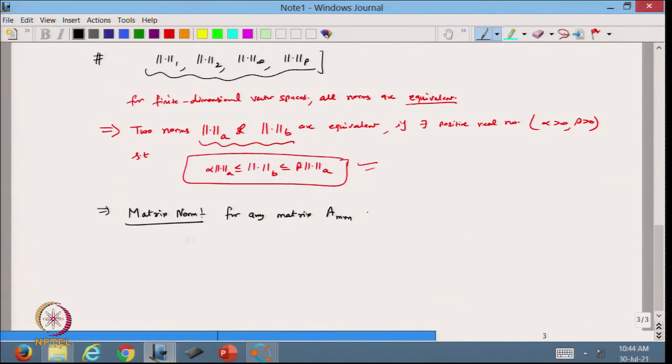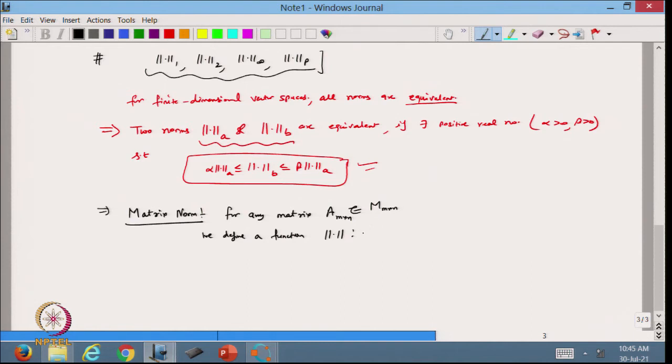So for any matrix A, we define the norm. We define a function from the space of order m cross n matrices, which can be real or complex, it does not matter.